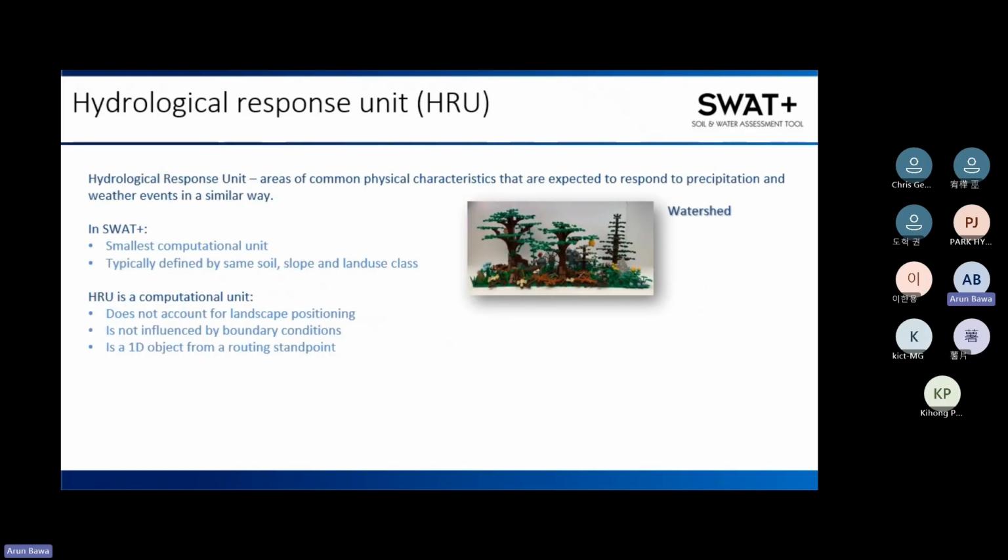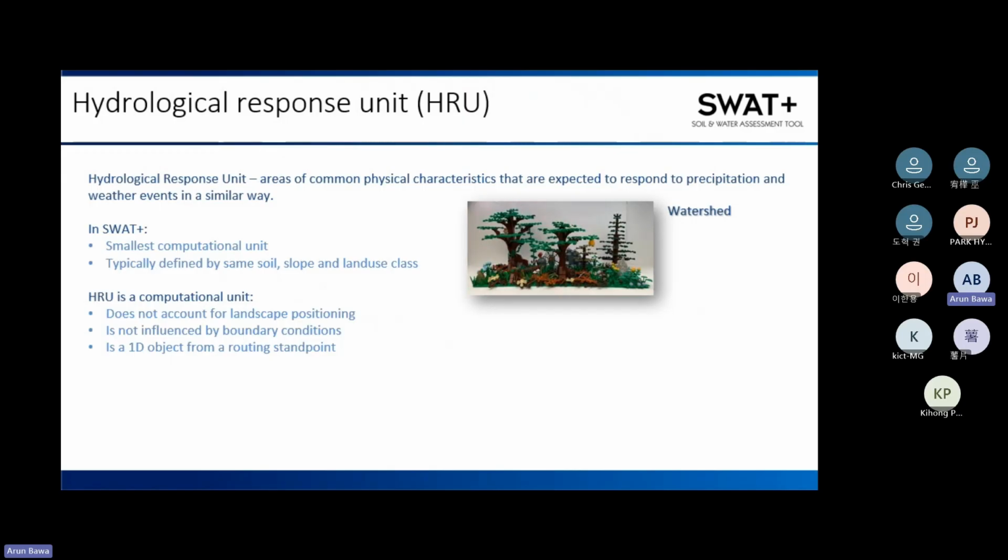I mentioned we use three inputs: soil, land cover, and topography. HRU is a unique combination of these three. For example, if on this HRU I have corn, loamy soil, and a slope of 0 to 2%, this is one HRU.